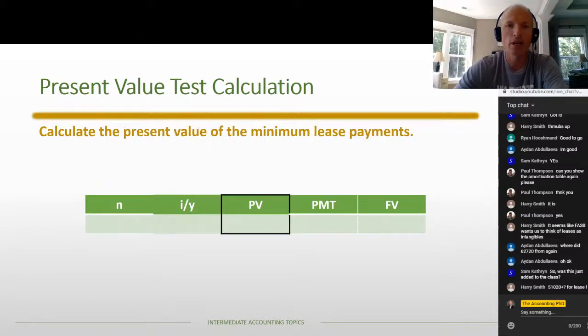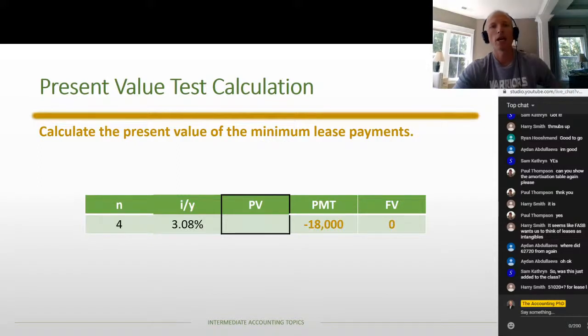So the second step then is to take that information and now solve for the present value of the minimum lease payments. The N and I/Y are the same. The payment, of course, instead of being positive is negative. And the lessee has no obligations at the end of this lease, and so the FV from their perspective is 0. And so when we solve for this, we get a present value of $68,839.